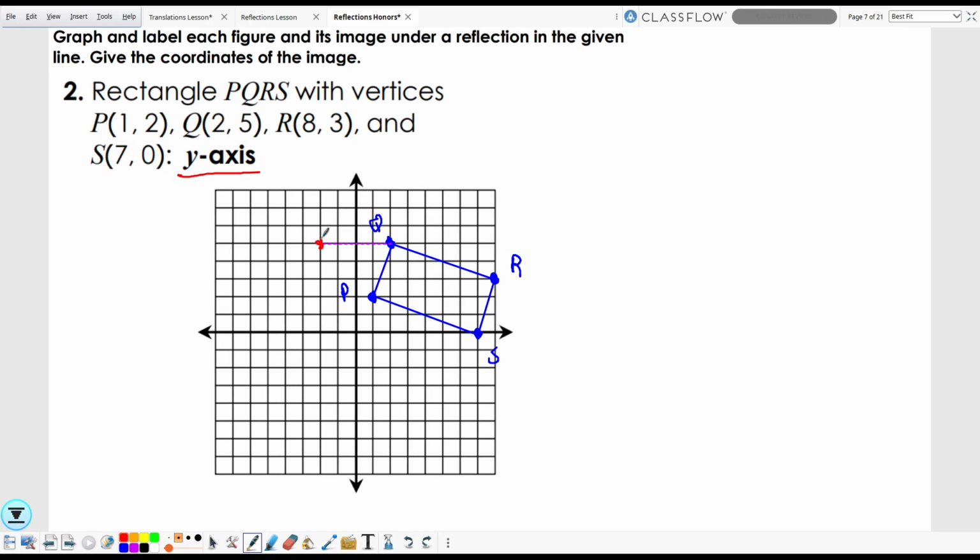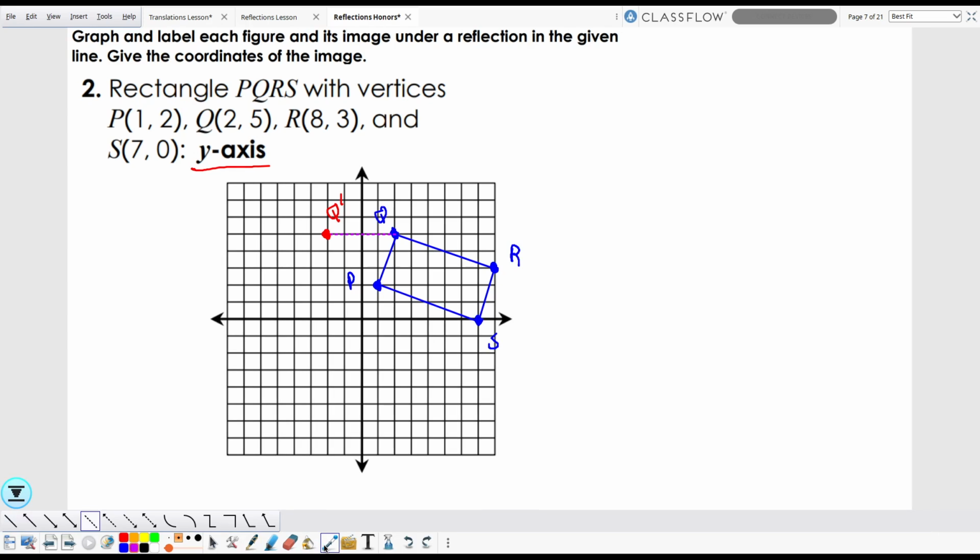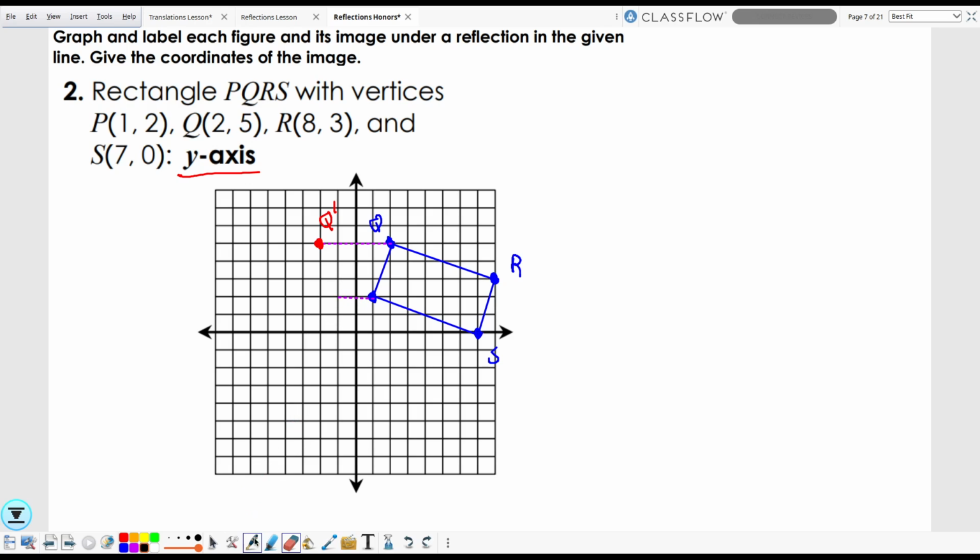So here we have Q prime. Okay. So P is 1 space away, so P prime is just 1 space away as well. I'm probably going to have to erase that. Let's put it here. And then P prime, right there.